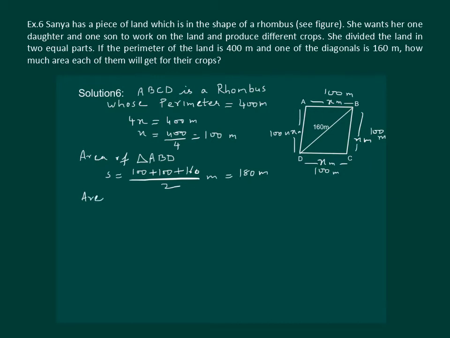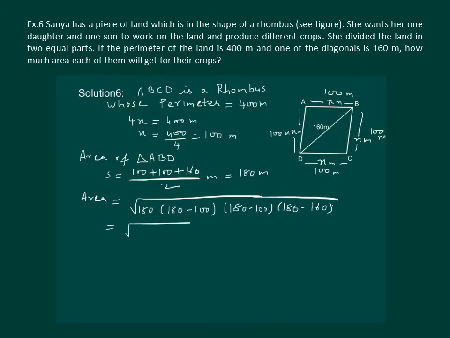So the area will be equal to under root of 180 into 180 minus 100 into 180 minus 100 into 180 minus 160. This amounts to 180 into 80 into 80 into 20 meter squares, that is 4800 meters square.